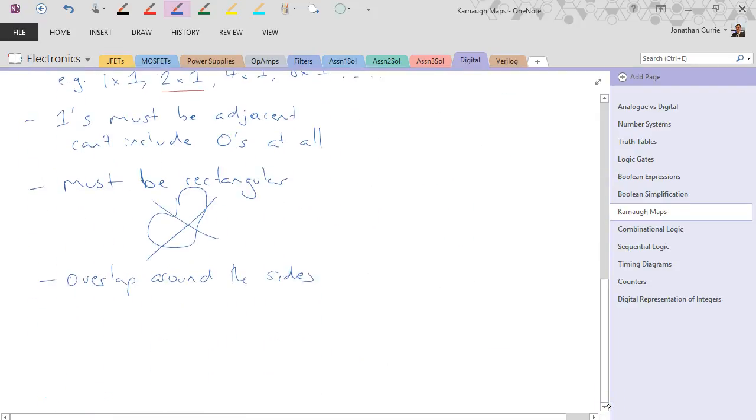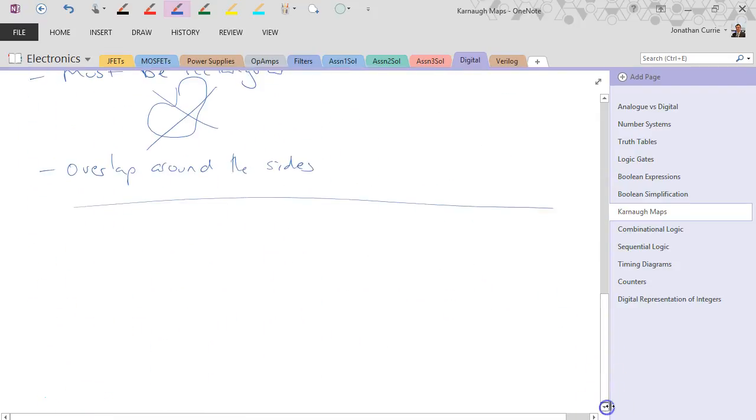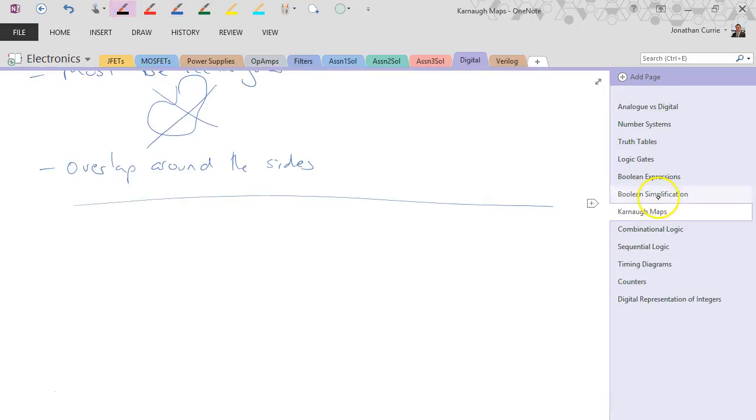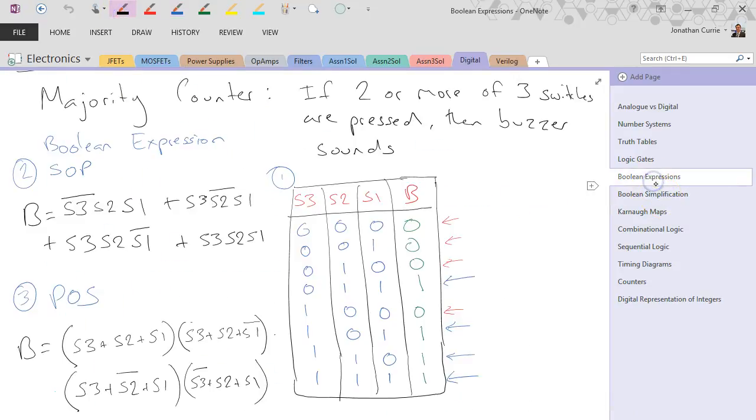Alright, let's have a look at a slightly larger system. So we're going to go back to our majority counter. Remember we did the sum of products and the product of sum forms. Well, the sum of products form, we're going to write this one out again and see if we can then simplify it. You could do this using Boolean simplification, but let's do it using a K-map and see how we go.